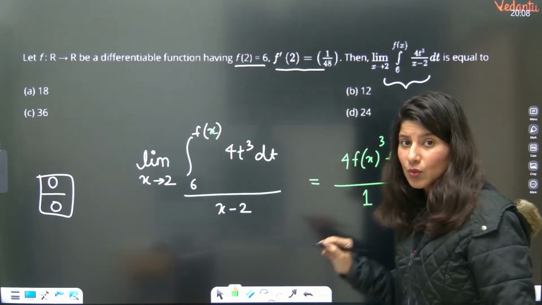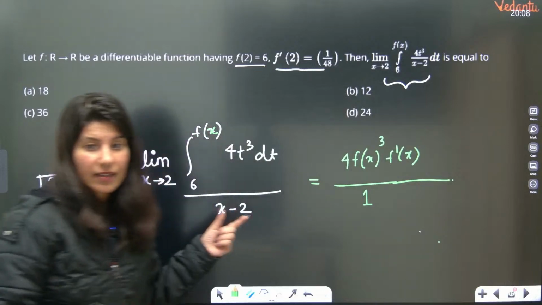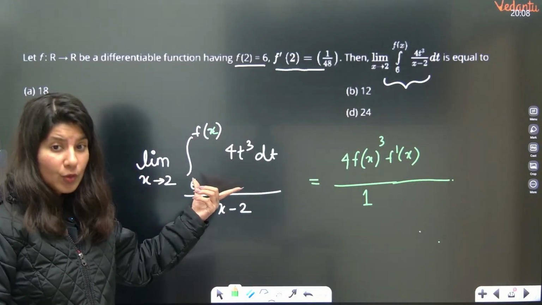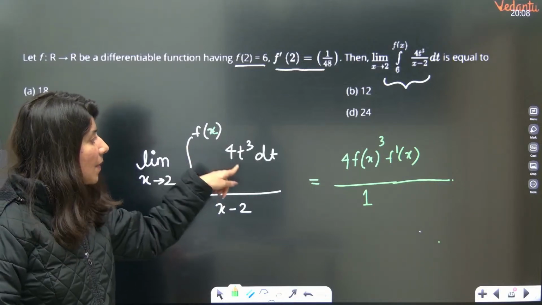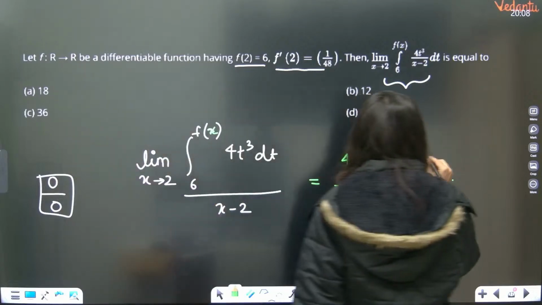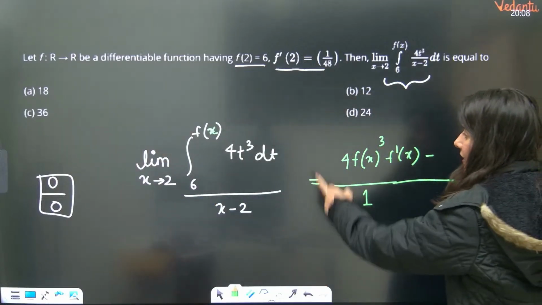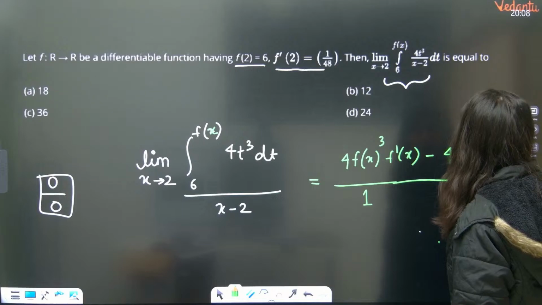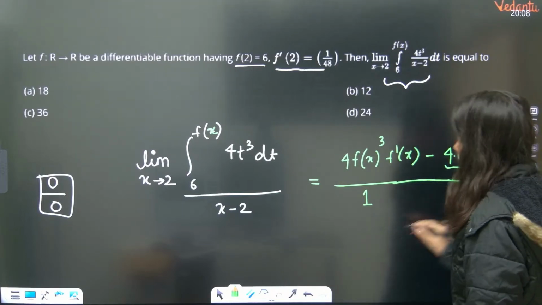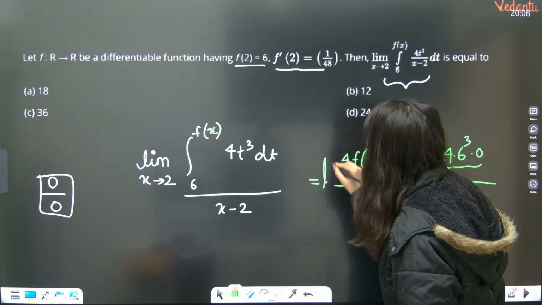This is Leibniz rule. How to apply Leibniz rule? You want to differentiate the denominator, done. But if you want to differentiate the numerator, t will be replaced by upper limit and the upper limit will be differentiated, minus t will be replaced by lower limit and lower limit is differentiated, so this is going to become 0. And obviously limit x tends to 2.